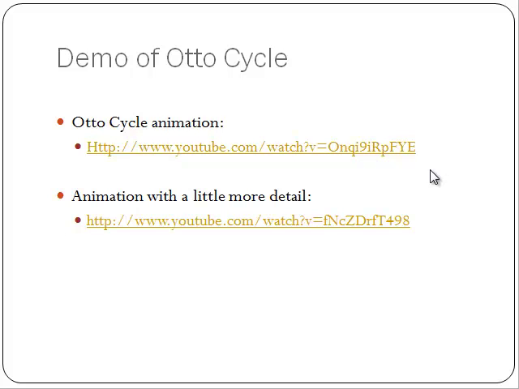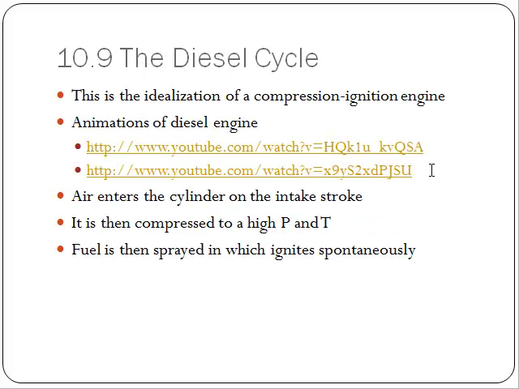Before you come to class, I really wish that you would take a look at a couple of videos. These are some I like. There are many, many available on the web, but these are some with animation that I think will help you understand the differences between how an Otto cycle works, which is supposed to be a model of how a basic spark ignition engine works, and then how a diesel cycle works, which is a compression ignition engine.